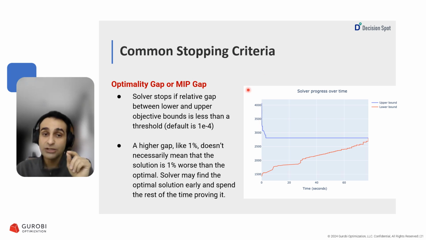Look at the plot here. The optimal solution is actually found around 5 seconds time. But all the remaining time, Gurobi just tries to prove that it was in fact optimal. So, even with a 1% gap, you could be getting the optimal answer. It just hasn't been formally verified down to a smaller tolerance.